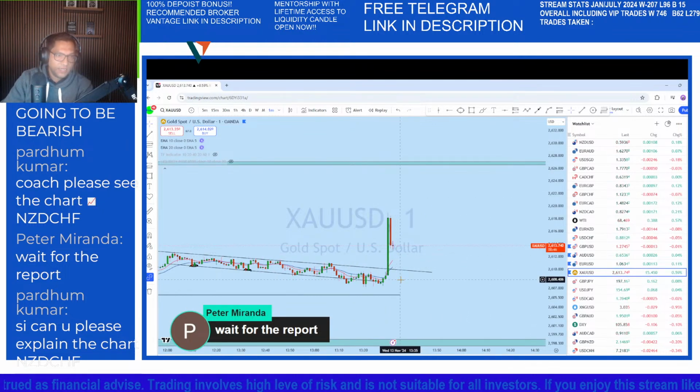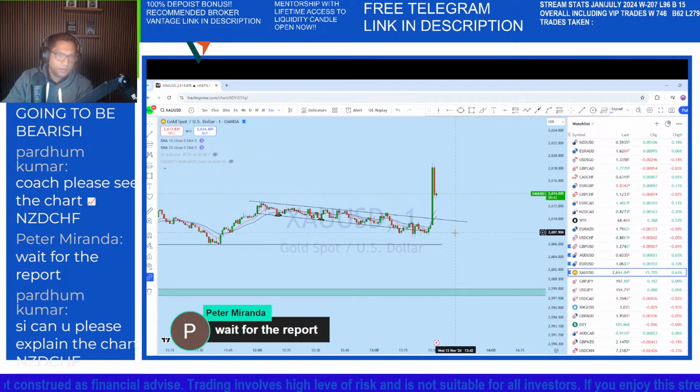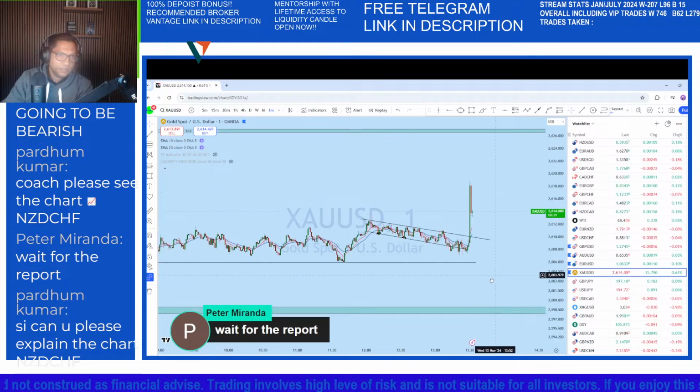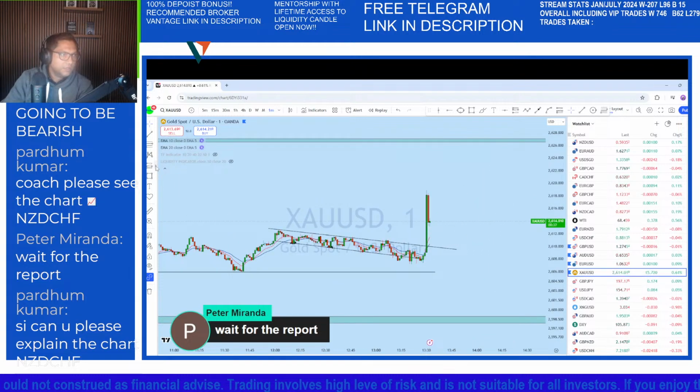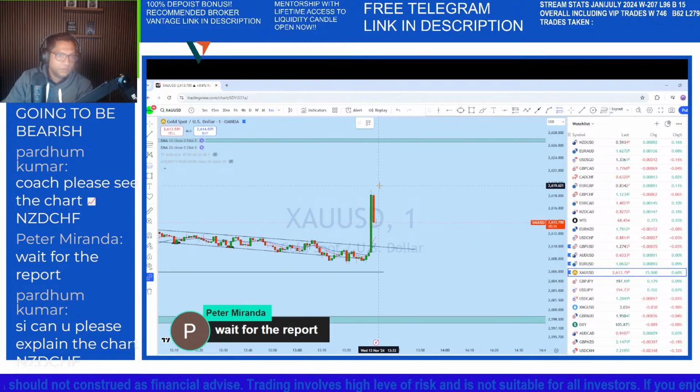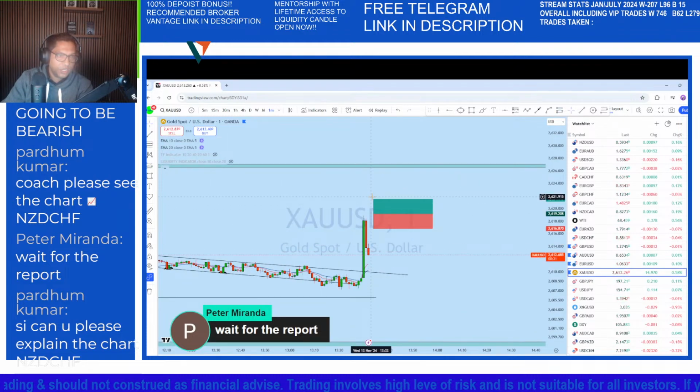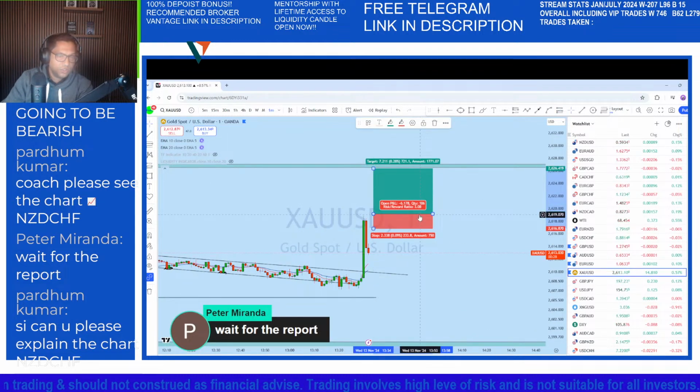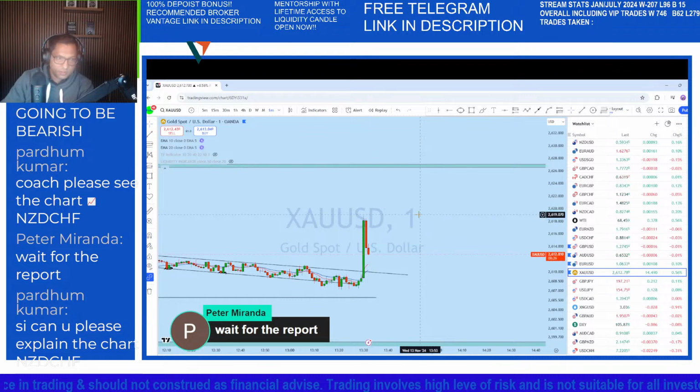It's coming in that direction. That means we might see a retest here. Okay, let me see that. I'm not entering yet, just checking the risk reward potentially. Not yet.